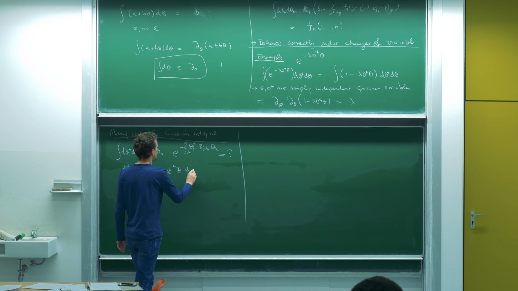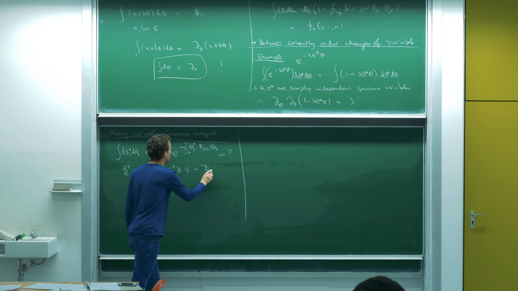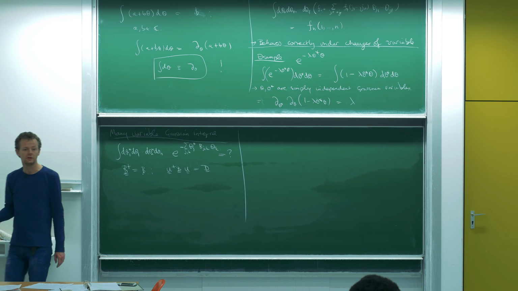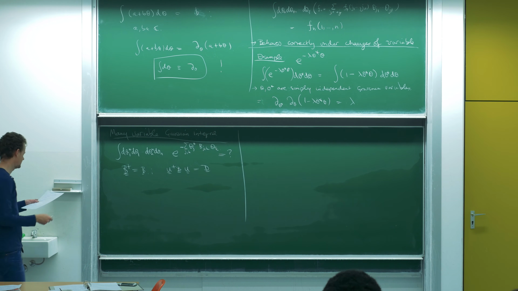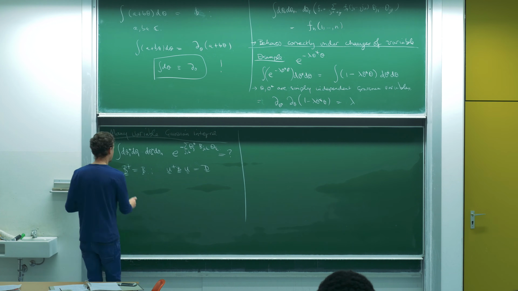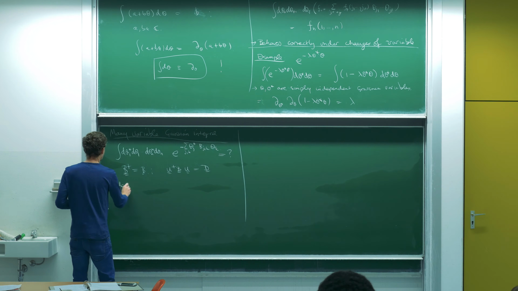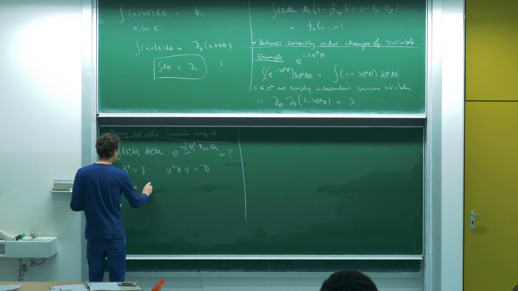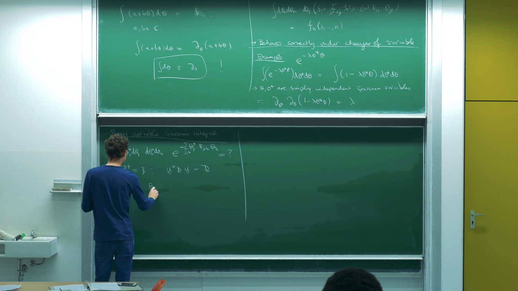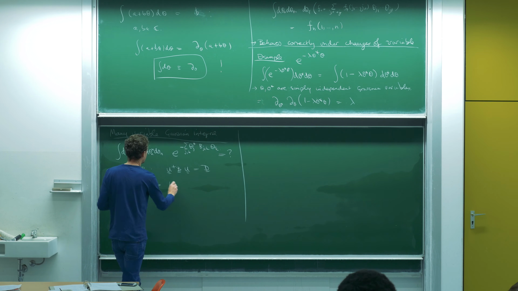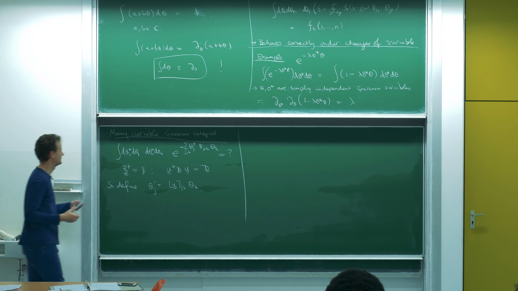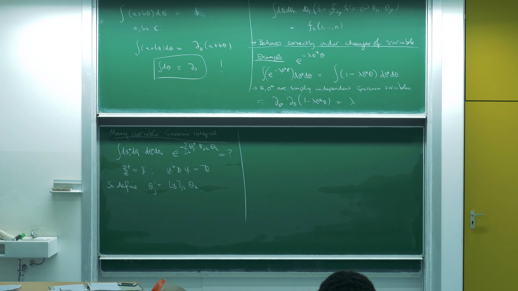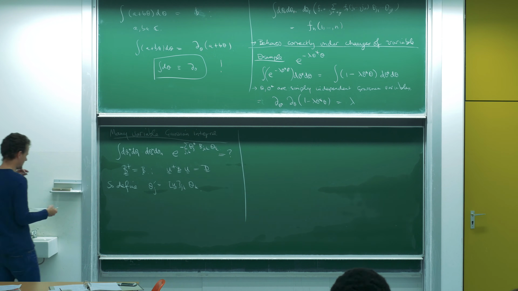Because B is a Hermitian matrix, we know there is a unitary matrix U, which diagonalizes this matrix B. And we're going to use this unitary matrix to define a change of variables for our Grassmann numbers. We're going to define new Grassmann numbers to be just linear combinations of the old ones, like that.